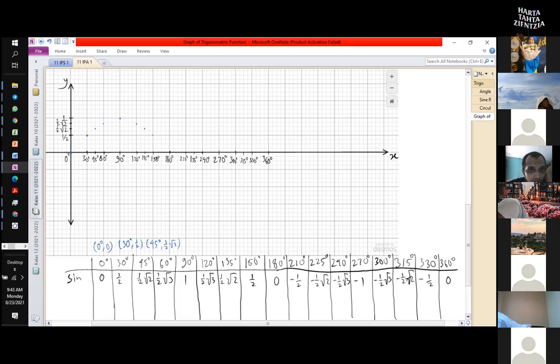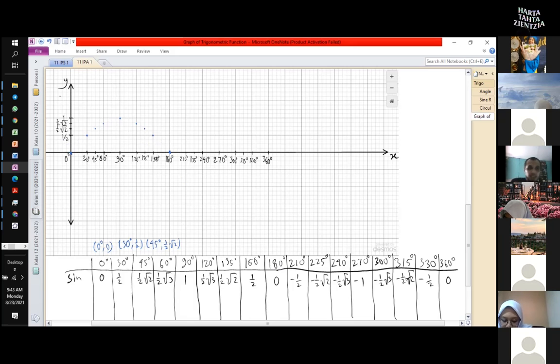And then 150, it's 1/2, and then 190 degrees is 0. The sine of 190 degrees is 0. So we have from 0 to 190 degrees. As far as we can see, it looks like a hill. Let's continue.